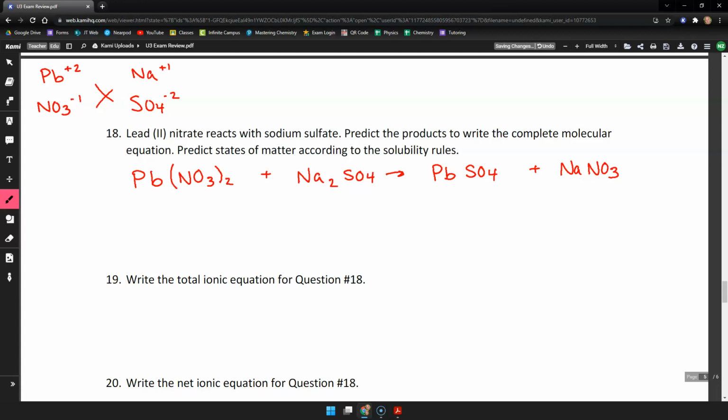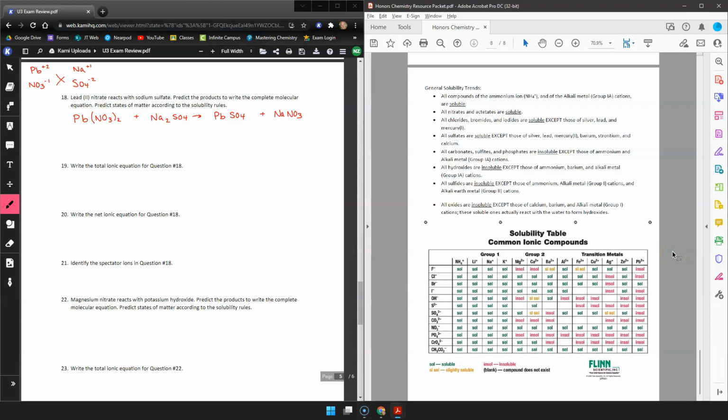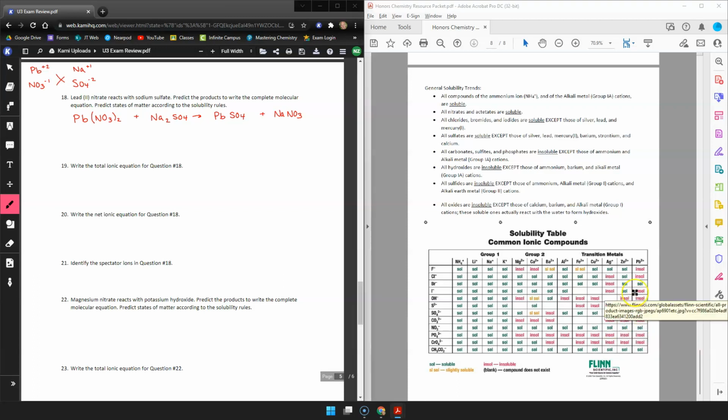All right, let's split screen this again, and let's go through and figure out our states. So we have Pb(NO3)2. Let's just kind of go down here. Pb and then NO3 is soluble, so that's aqueous.